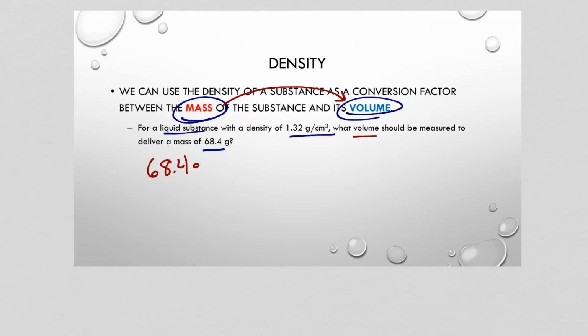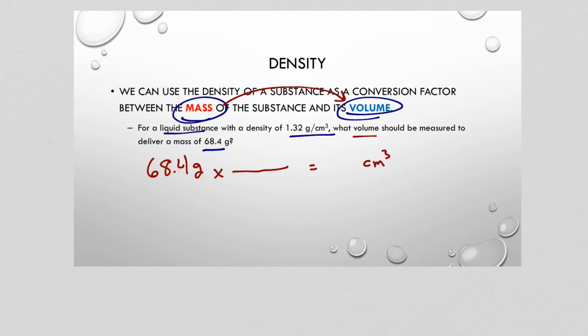So I'm going to start with what I know, 68.4 grams. And I'm going to use the density to get me into volume, into cubic centimeters. So how do I use density as a conversion factor? So remember, when we have these complex units with units on the top and the bottom, what this really means is 1.32 grams per 1 cubic centimeter.